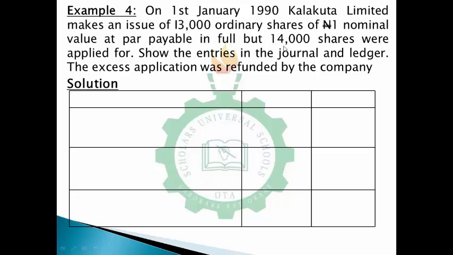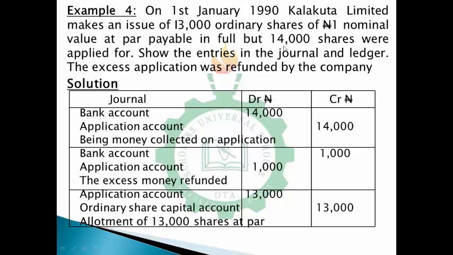Now, you can't offer 14,000 shares, so you have to refund 1,000. When you take 13,000 from 14,000, you have 1,000. So you have to refund 1,000 naira, which is 1,000 times 1 naira. So you credit your bank 1,000 naira, then debit your applicant, being excess money refunded.